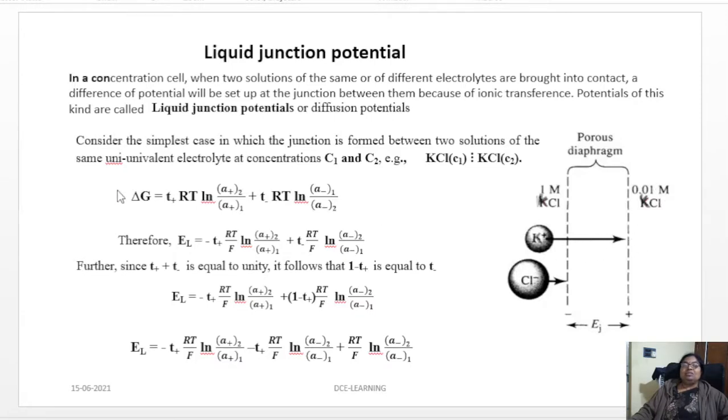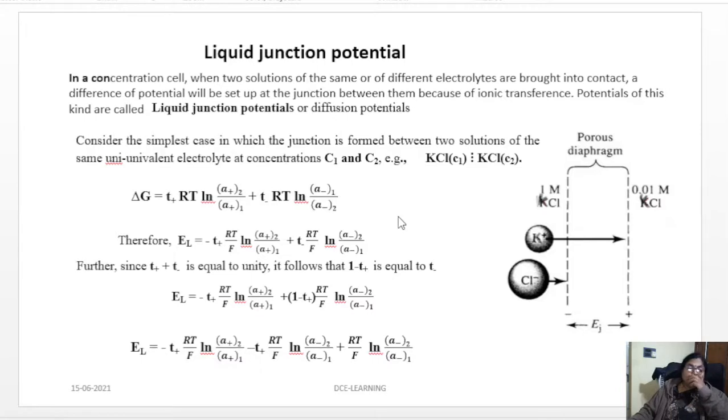So E, the EMF, is equal to delta G, the change in free energy of the cell. Then you substitute the right-hand and left-hand activities using the Nernst relationship, with t plus RT ln of a2 by a1 plus t minus RT ln of a1 by a2. These equations come from the Van 't Hoff reaction isotherm.